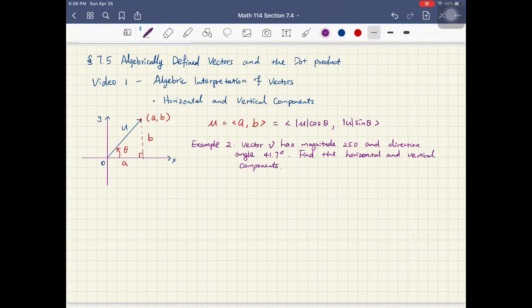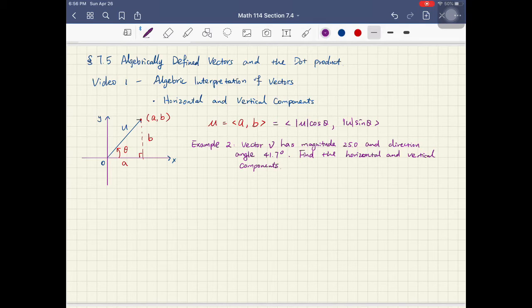Now we can look at the example. Example 2 says I'm talking about a vector v. So v has a magnitude of 25 and a direction angle of 41.7. We want to find the horizontal and vertical components.